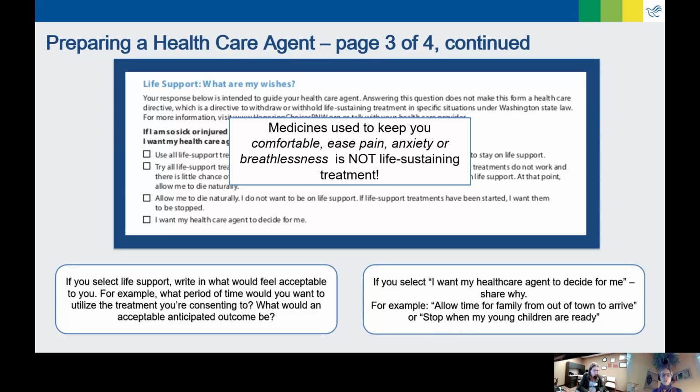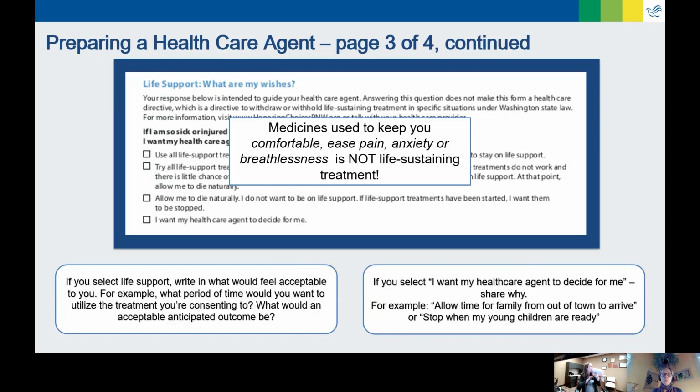What period of time would you want to consider to continue treatment to give yourself a chance to see if it's going to work? And keep in mind again, this is in a scenario where you are likely to die soon. Been given a terminal diagnosis, likely to die within a short period of time, or you're in a coma and unlikely to recover. If you would want to continue treatment for a long period of time or a short period of time, how long are you willing to give it?